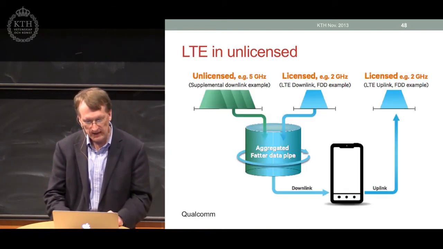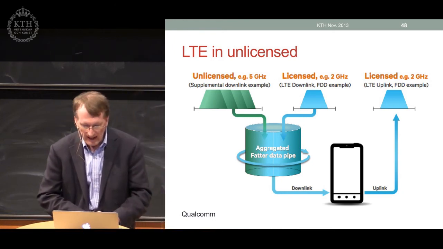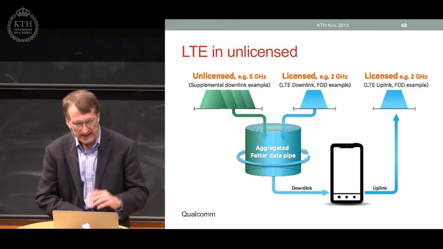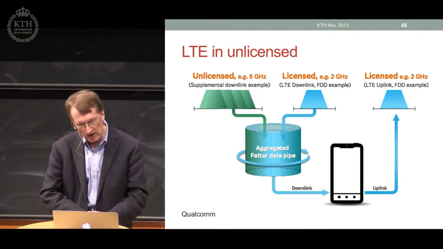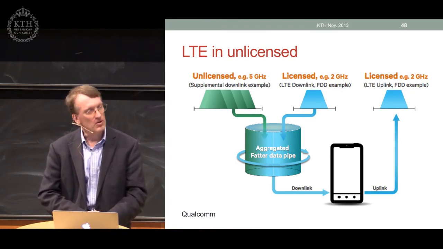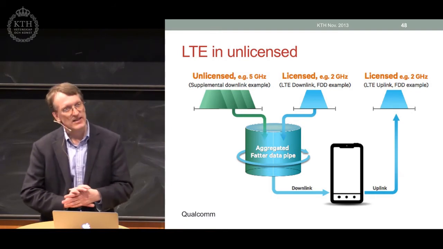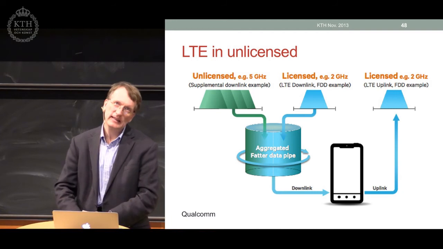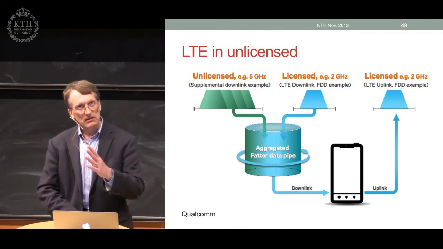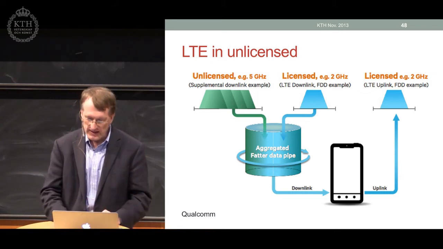We are also starting to see hybrid components, where you don't just use traditional Wi-Fi in, say, 5 gigahertz, but Qualcomm, for example, has proposed to use LTE, LTE Advanced, in the unlicensed spectrum. They would use some channels in the 5 gigahertz band like a cell tower, as a supplemental downlink service to increase your data rate.